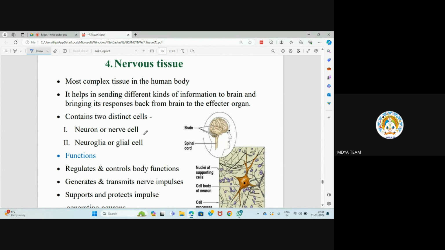Without that care, it would be impossible for the person to work hard outside home. So the glial cells are just a homemaker. Right? Got it? Yes, ma'am.